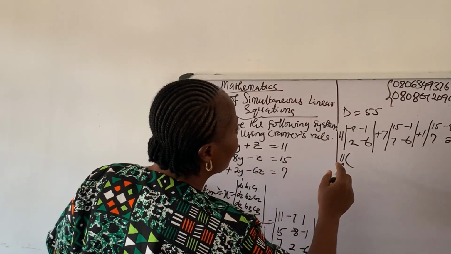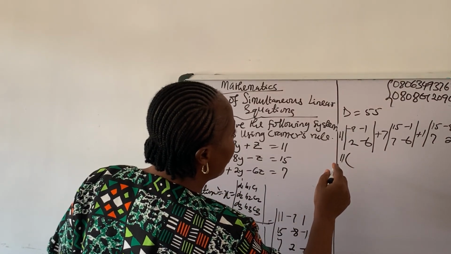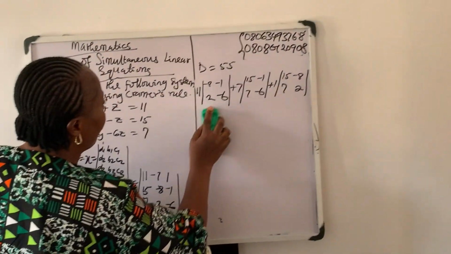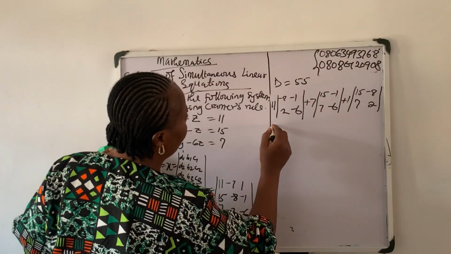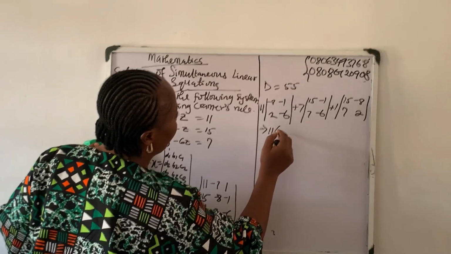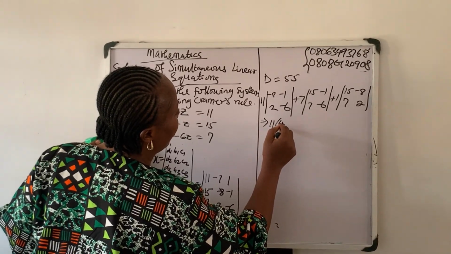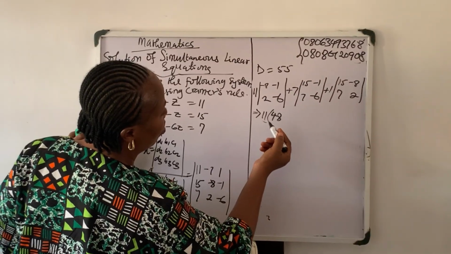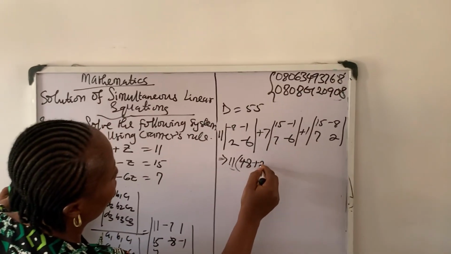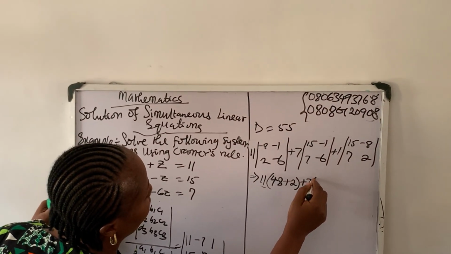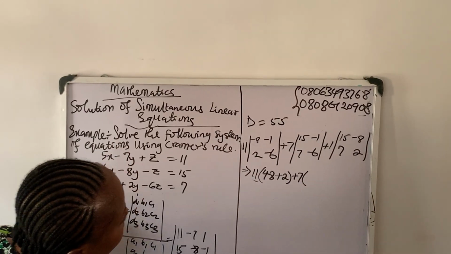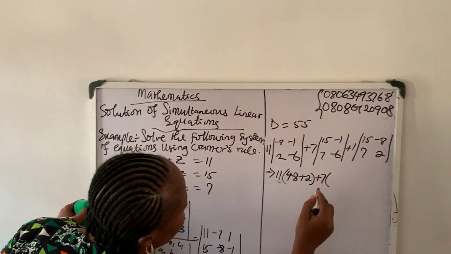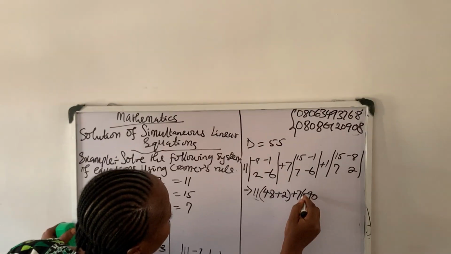Brackets open. Minus 8 times minus 6 will give us plus 48. Minus 1 times 2 is minus 2, times the minus, plus 2. Plus 7, 15 times minus 6 is minus 90.